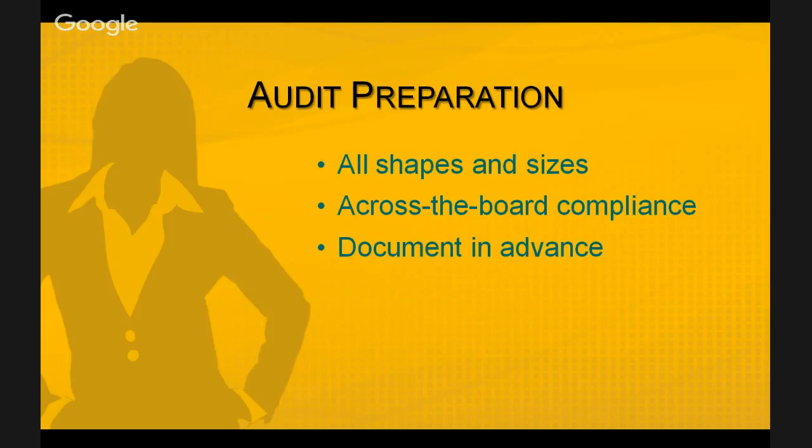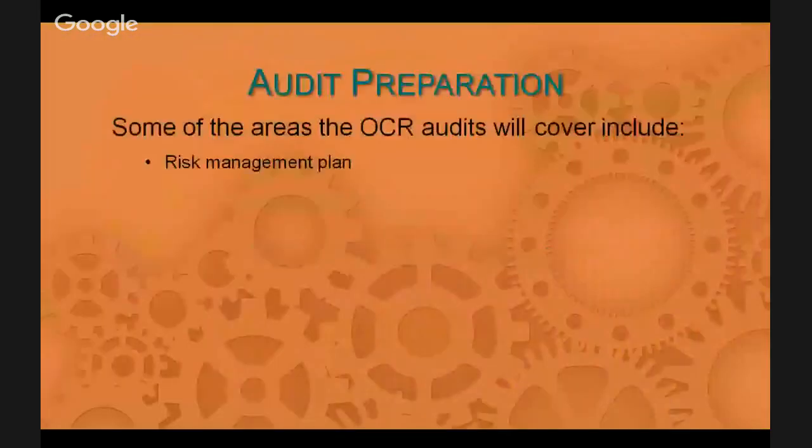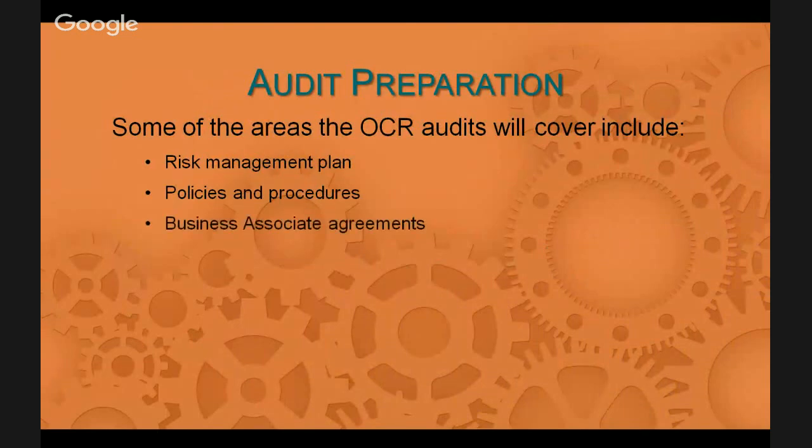Some of the areas that OCR audits include the following. The first is risk analysis. We've covered that today. The second is evidence of a risk management plan, a list of known risks and how they're being dealt with. Next, policies and procedures and descriptions as to how they were implemented.